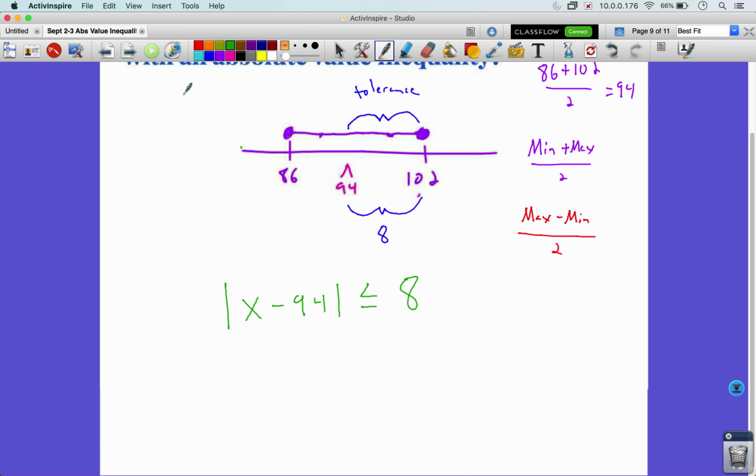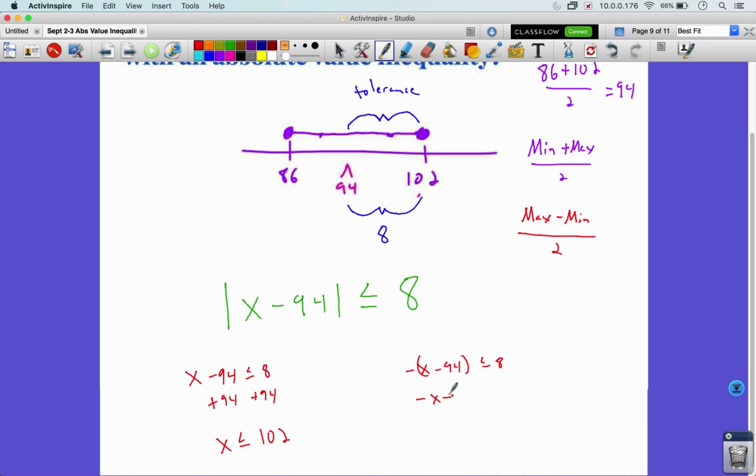Let's double check this. So if we split this into the positive and the negative case, x minus 94 is less than or equal to 8. Add 94, add 94. X is less than or equal to 102. Yep, that's part of it. And negative x minus 94 is less than or equal to 8.